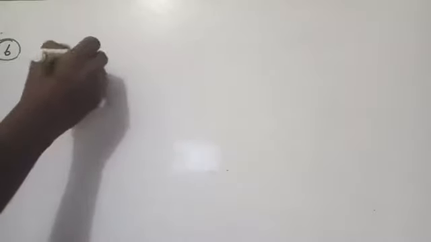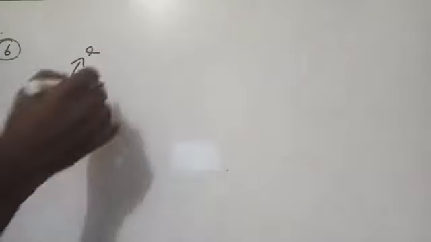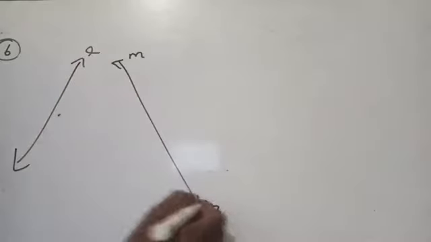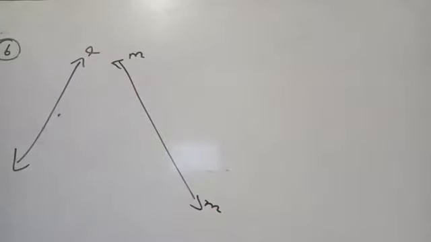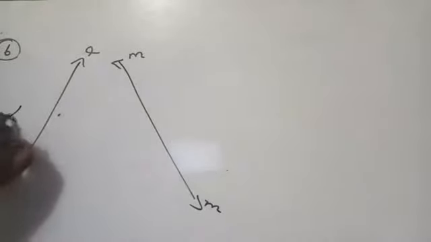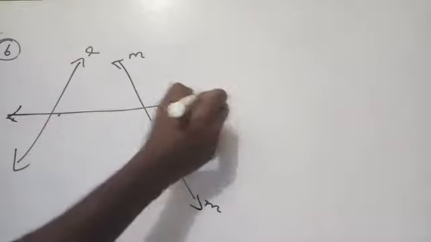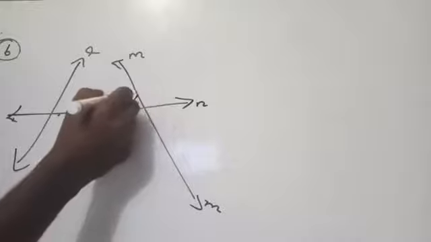What is the second part for you? These are the two lines. This is line L. This is line M, intersected by a transversal, N. It is given that it is 75 degree.